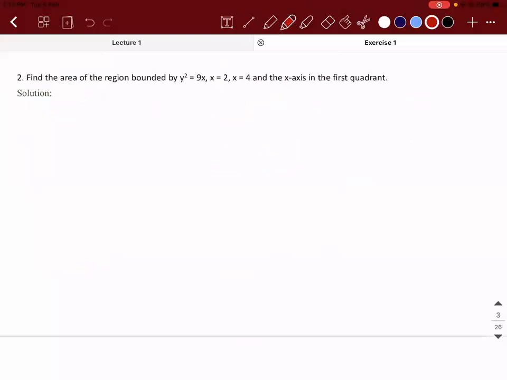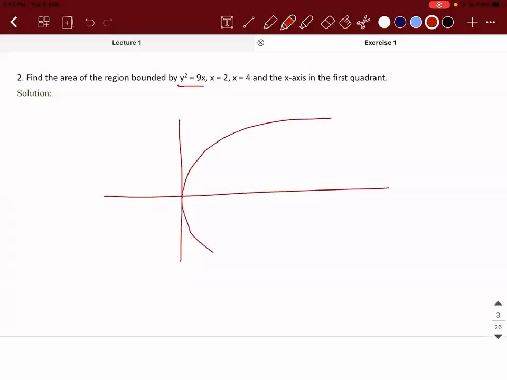Find the area of the region bounded by y square is equal to 9x, x is equal to 2 and x is equal to 4 and the x-axis in the first quadrant. So y square is equal to 9x is also a rightward parabola. X is equal to 2 is here, x is equal to 4 is here, right?